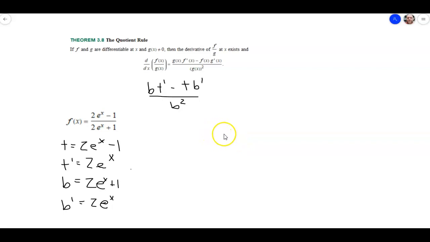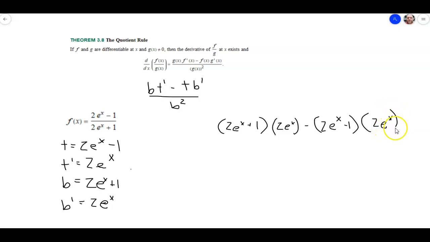So it's going to be the bottom, which is 2e to the x plus 1, times the derivative of the top, which is 2e to the x, minus the top, which is 2e to the x minus 1, times the derivative of the bottom, which is 2e to the x, all over the bottom squared, which is, just leave it like this, 2e to the x plus 1 quantity squared.